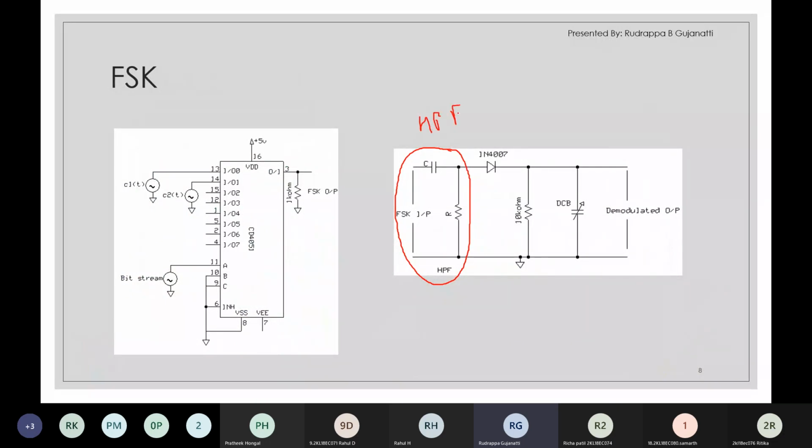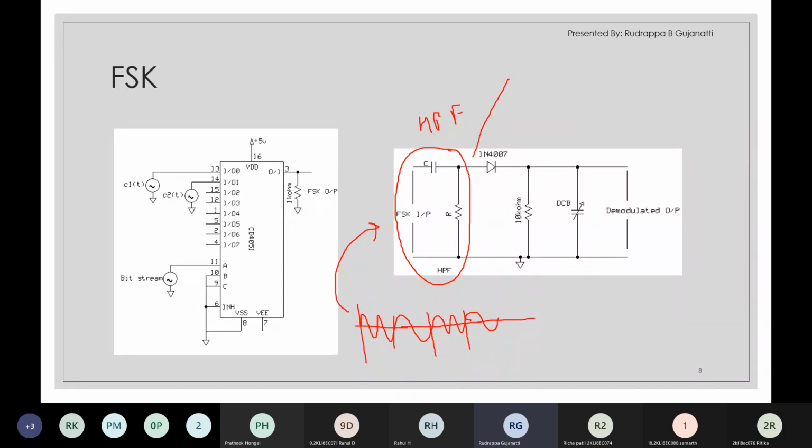So what is this doing? Here you give the input. It may be a high frequency signal followed by a low frequency signal, and again a high frequency signal followed by a low frequency signal. Say this is the FSK signal, and it is given as input to the filter. When you pass it through the high pass filter, the low frequency part gets suppressed.